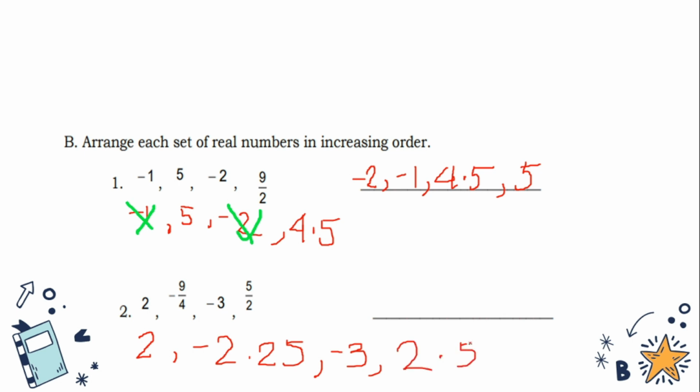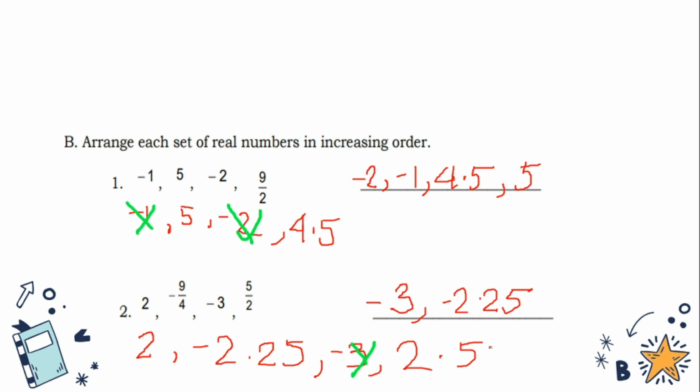Now, let's arrange this in increasing order, pinakamaliit sa pinakamalaki. In this given numbers, ano yung pinakamaliit dyan? Yes, the negative 3. Okay? And the next is the negative 2.25. O teacher, bakit mas maliit yung negative 3 kaysa sa negative 2.25? Again, if we're talking about negative numbers, the higher the number, the lower the value.